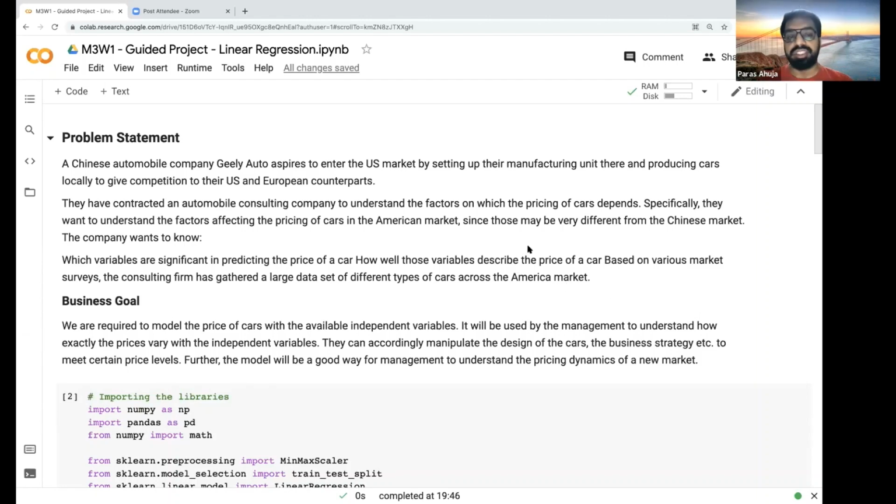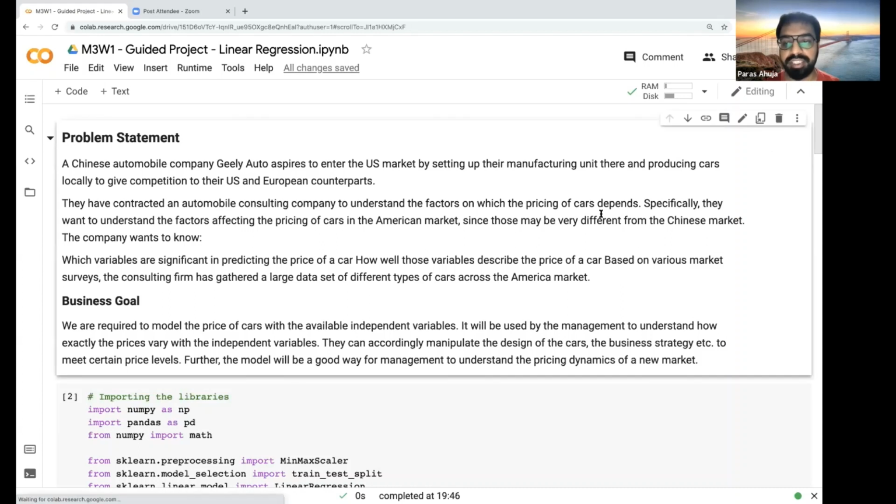So this Chinese company Geely wants to enter the US market, but they do not know how pricing behaves there. So they are trying to create a model based on the present data they have of different cars, their properties, and the price at which they were sold.